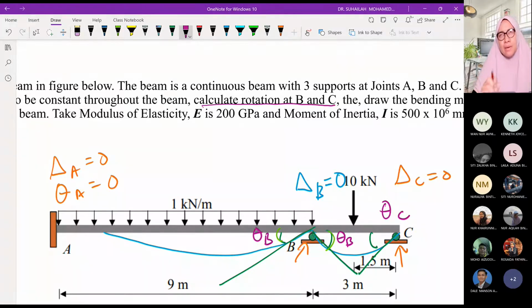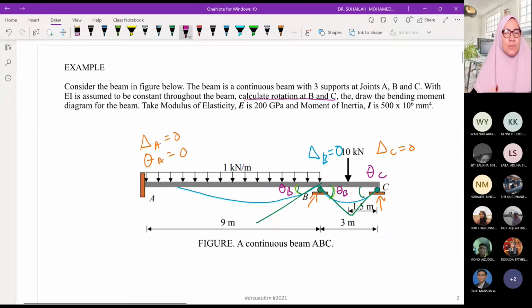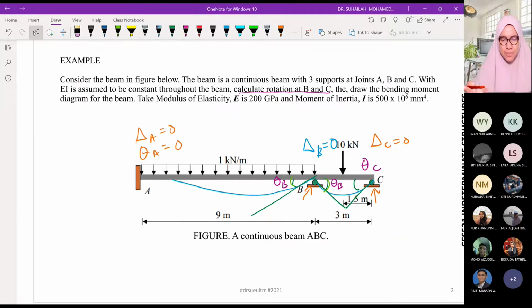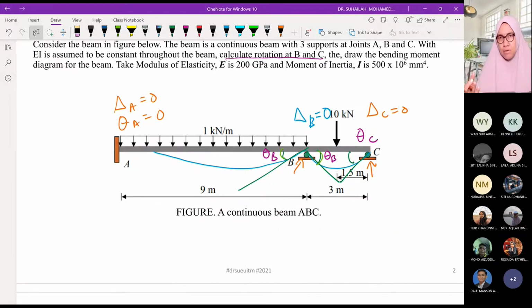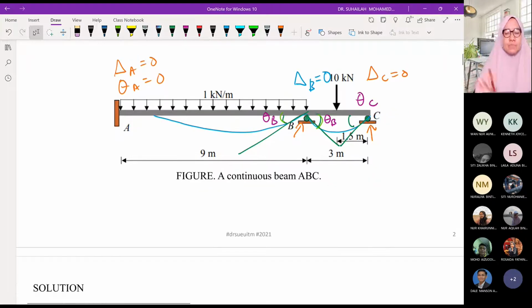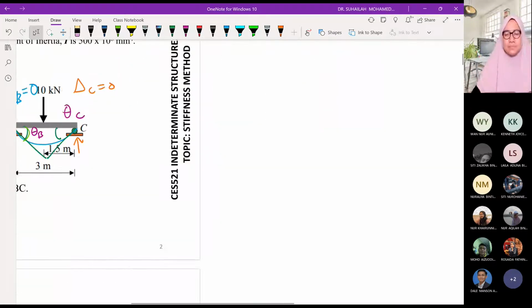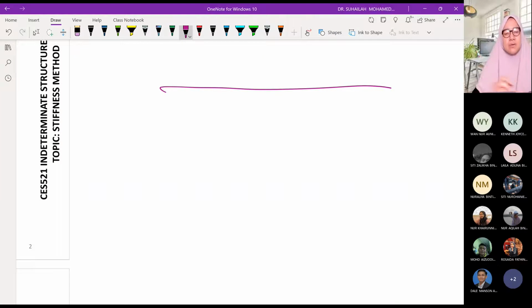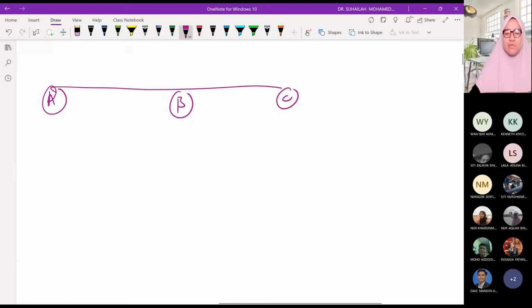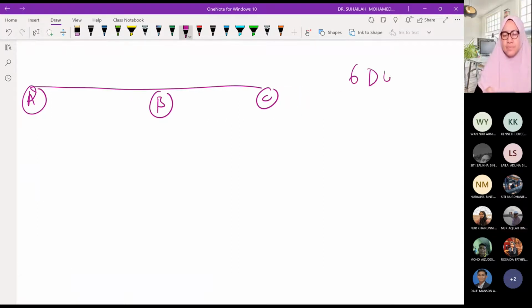So we have to be able to see the rotation at B and C in the numbering. We get the numbering from the degrees of freedom. For the beam, we have A, B, and C, 3 nodes, which means we have 6 degrees of freedom.